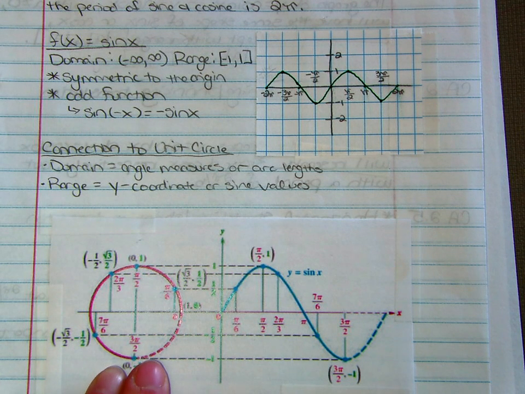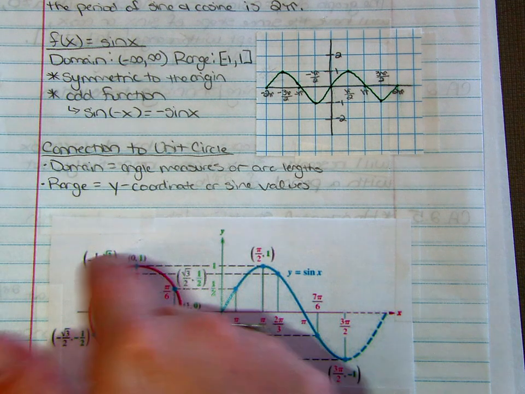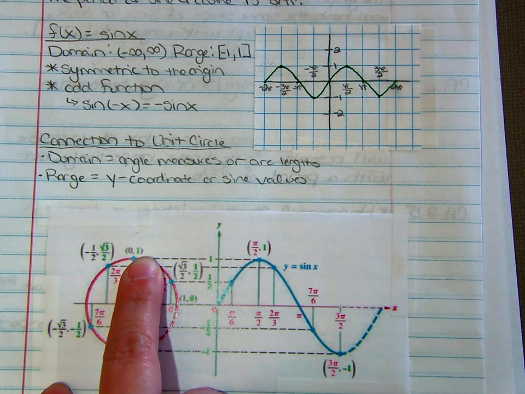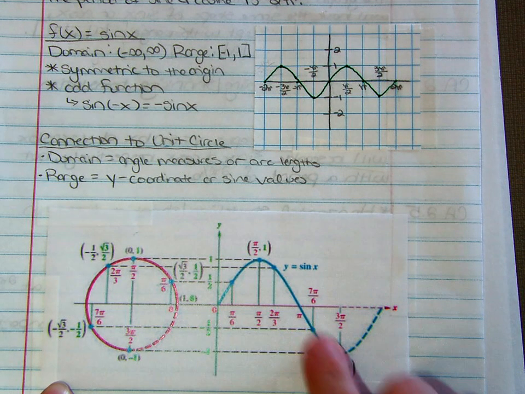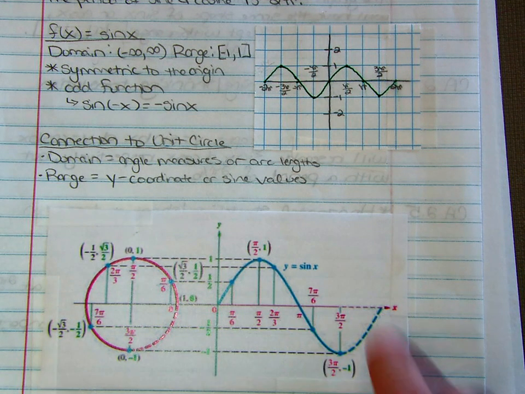It also helps me, at least, visually picture why our range is limited to 1 and -1. When you go around the unit circle, the highest value that your y's ever achieve is 1, and the lowest value that your y's ever achieve is -1. And so all of this is just another way of representing it over here with our actual wave graph.